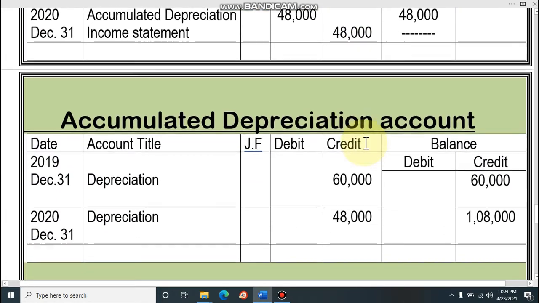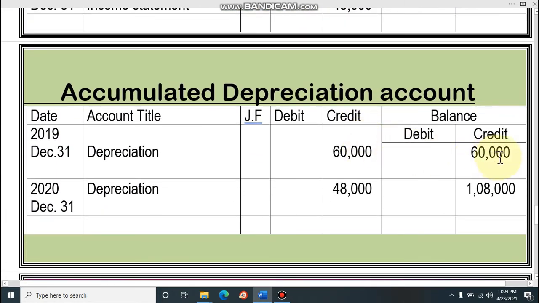So we will write on the credit side 60,000. That means this balance continues, and next year depreciation is 48,000. So credit and credit we have to add, 60,000 plus 48,000. From class 9 you have learned it: in depreciation, if there is a balance, the next year the balance will be added. So 60,000 and 48,000 make 1,08,000.